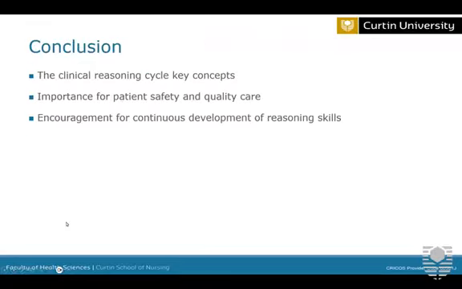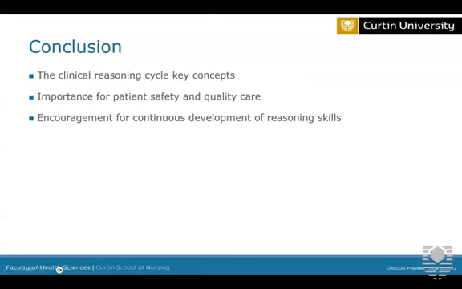Okay, so when we think about the clinical reasoning cycle, it's actually very deliberate. There are 8 stages. You need to be familiar with each of those 8 stages. I would go back and actually look at each of those 8 stages in relation to the case study example, and then you're going to identify how you can potentially draw barriers to that clinical reasoning cycle or methods for overcoming those barriers.